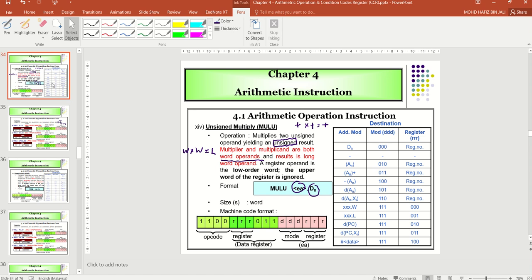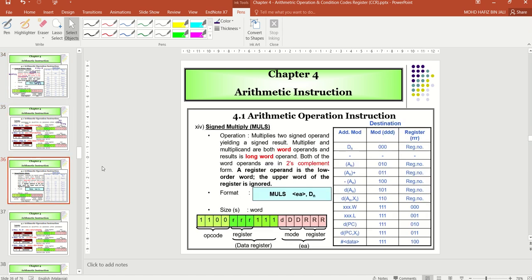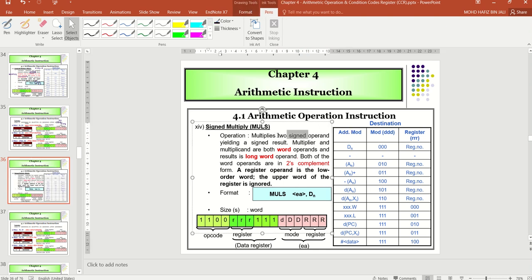Multiply unsigned, or MULU, the short name. Next is signed multiply, MULS. The S denotes signed. So what is signed multiply? The operation is to multiply two signed operands yielding a signed result. Multiplier and multiplicand are both words, same as MULU.